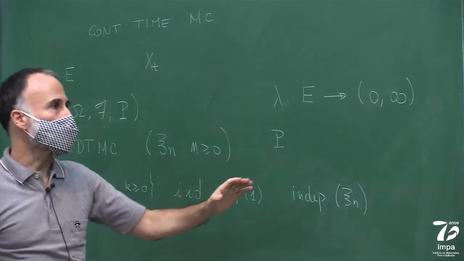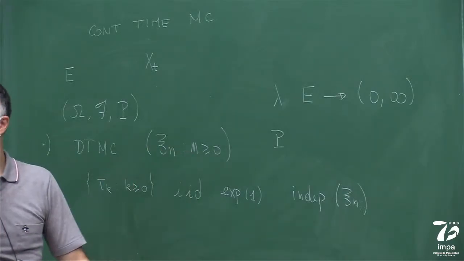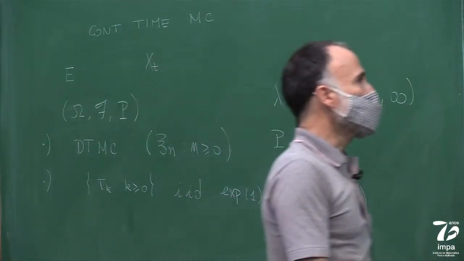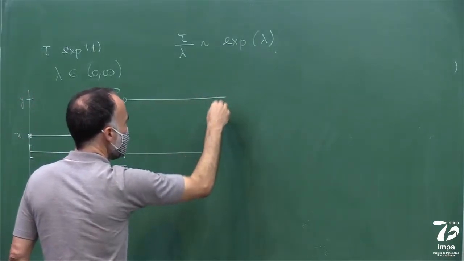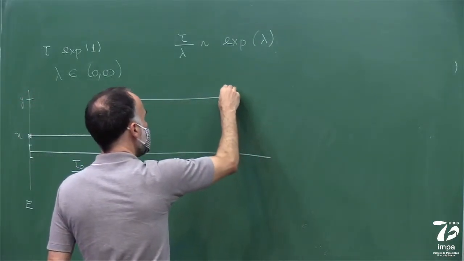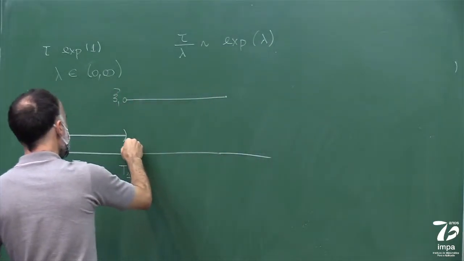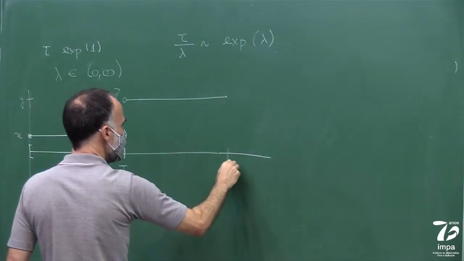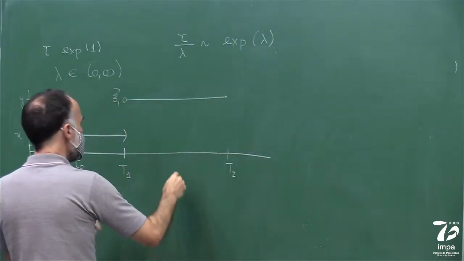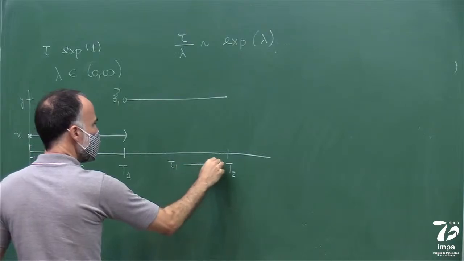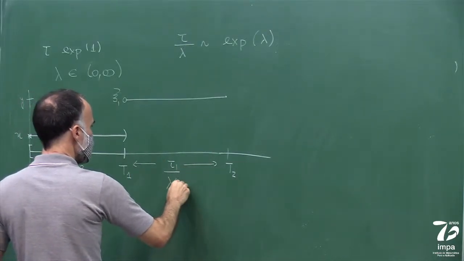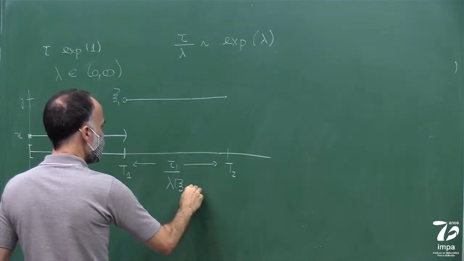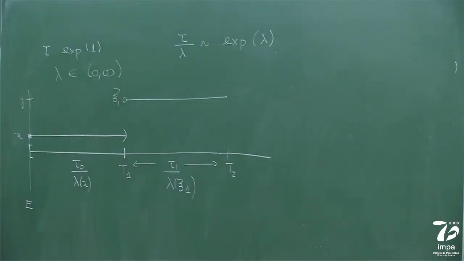Now at psi 1, I will remain for an interval of time, until t2. And this interval is of size tau 1 divided by lambda of psi 1, and so on.